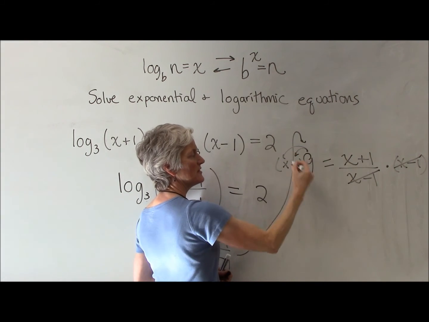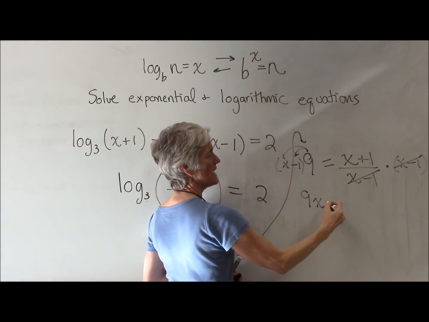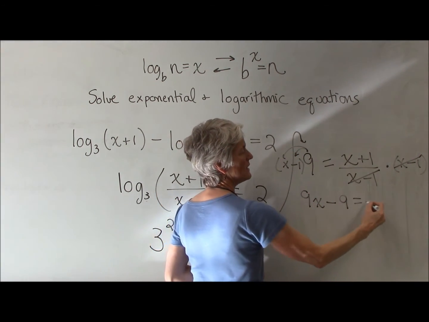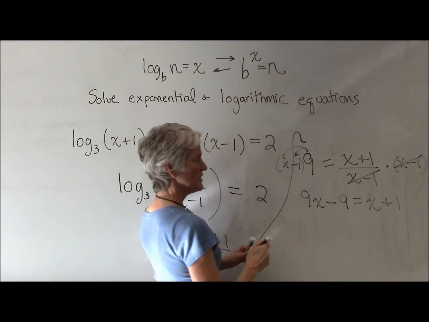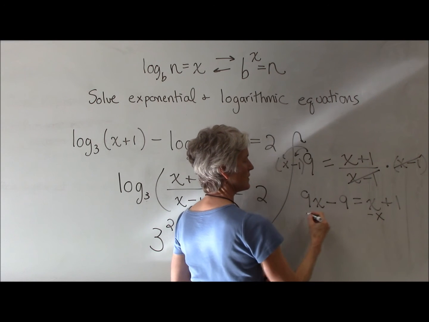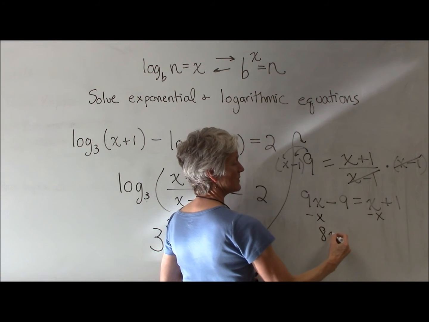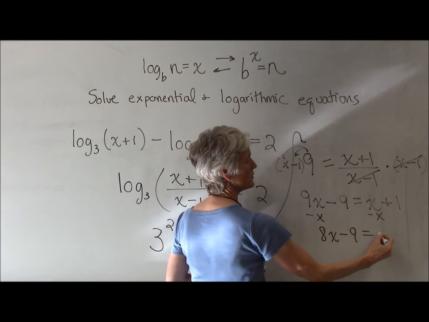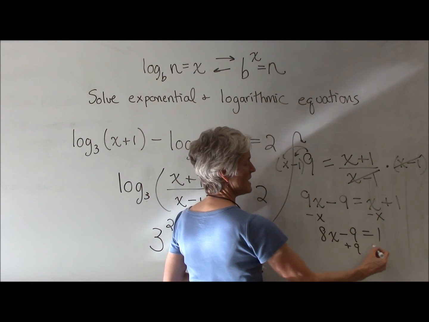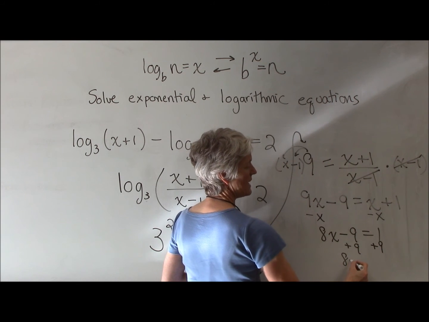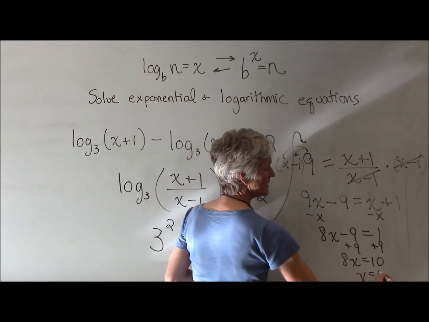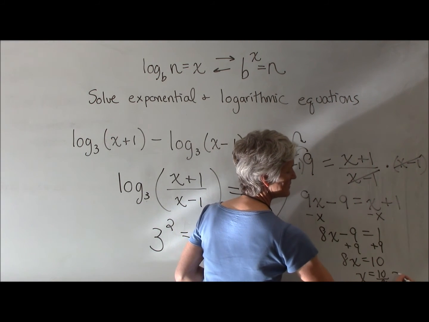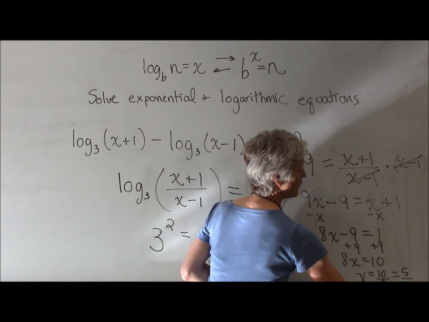I'm going to remember to distribute that. 9x minus 9 equals x plus 1. A little more algebra. I'm going to subtract x. 8x minus 9 equals 1. Add 9. 8x equals 10. Divide by 8. 10/8, which is the same as 5/4.